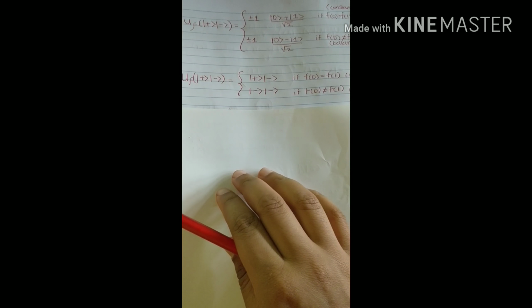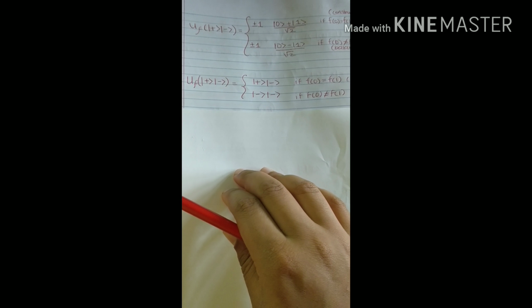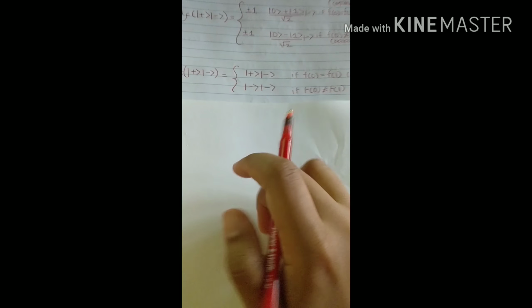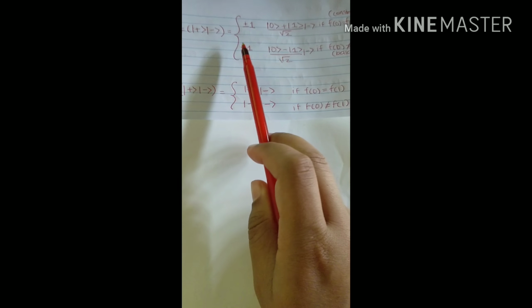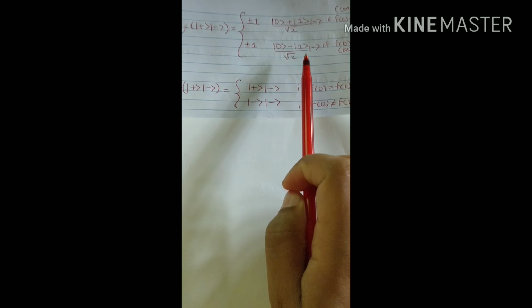We can see then that this collapses to this. Oh, sorry. Oops. Forgot to write that. Because this is the plus state, right? And if we multiply by, and this is the negative state.